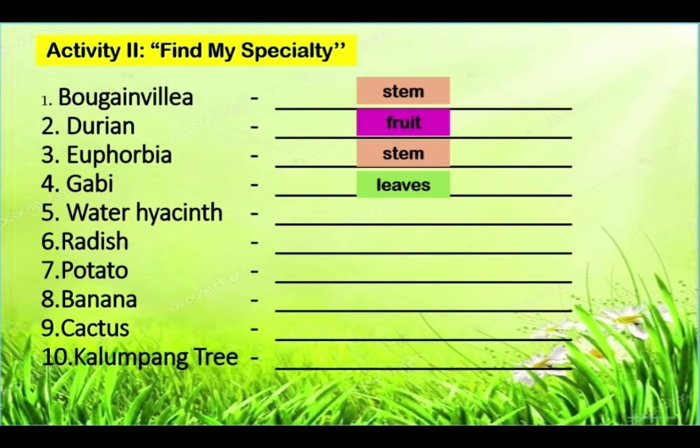Number 5, we have water hyacinth. The specialized part is roots. Got it correct. Number 6, we have radish. The specialized part is roots. Got it correct. Number 7, potato.